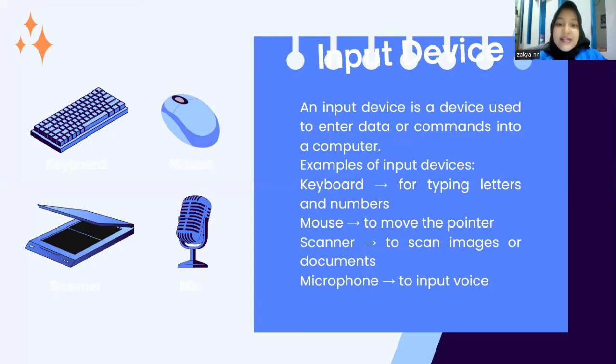For example, keyboard, the function is typing letters and numbers. Then mouse, the function is to move the pointer. And then scanner, the function is to scan images or documents. And the last, microphone, the function is to input voice.